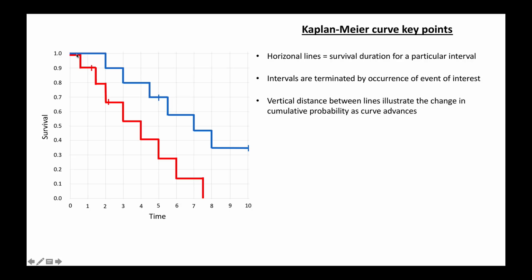And remember, if we're thinking about these as water slides, the more shallow water slide is better for a patient, especially when the event is survival, compared to a more steep water slide. Because in this case, with a steeper survival curve, it means that a higher proportion of patients are suffering the event at any particular point in time. Conversely, fewer patients are surviving at any particular point in time compared to the intervention group.